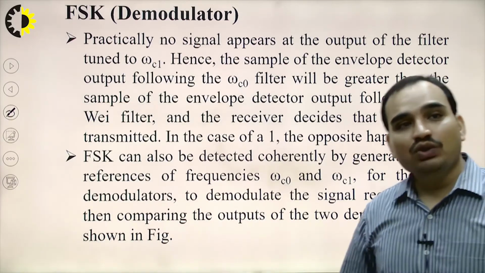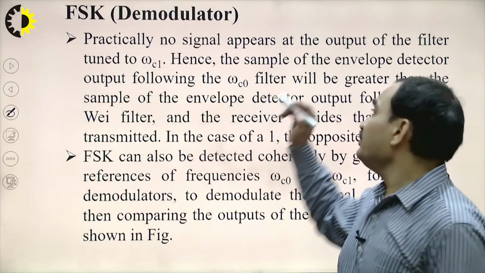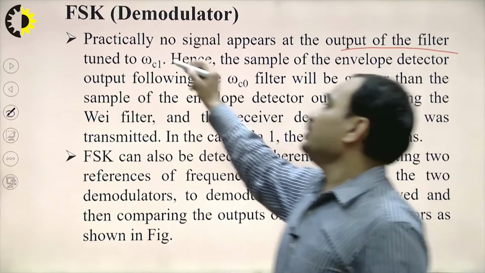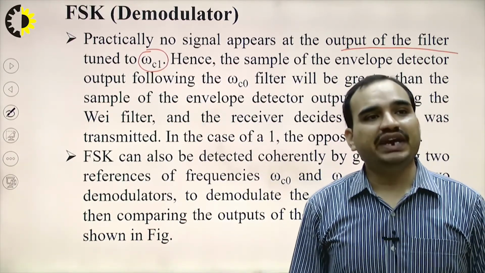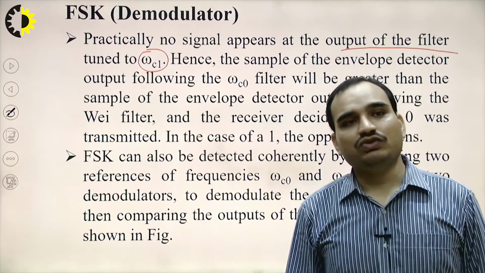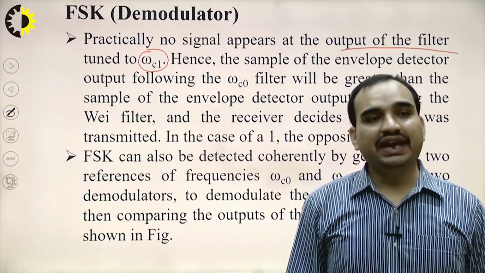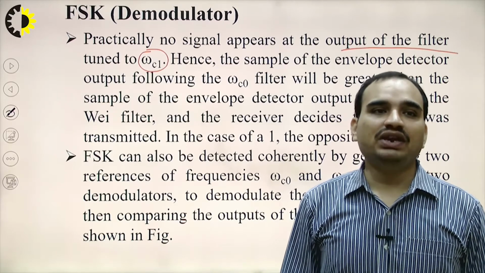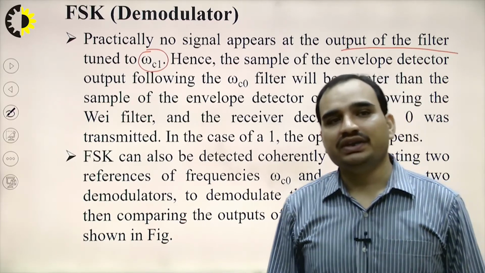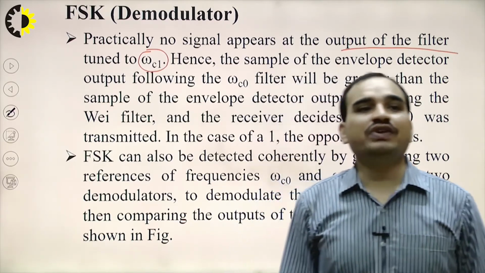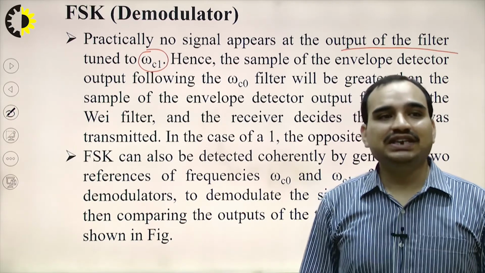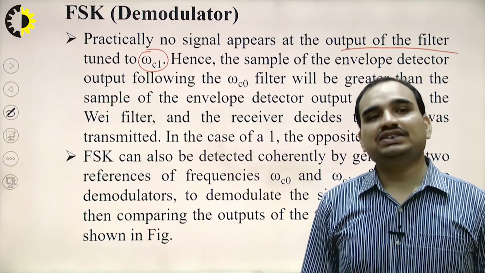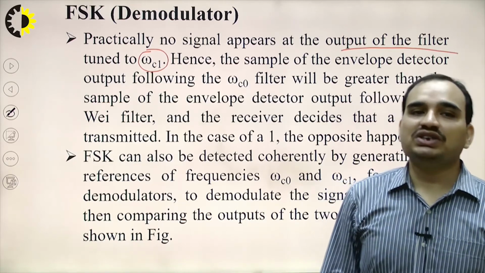Practically no signal appears at the output of the filter tuned to omega C1, hence the sample of the envelope detector output following the omega C0 filter will be greater than the sample of the envelope detector output following the omega C1 filter, and the receiver decides that 0 was transmitted. In the case of 1, the opposite happens.